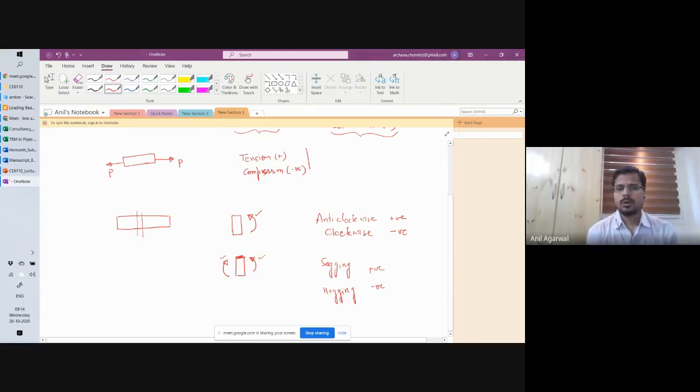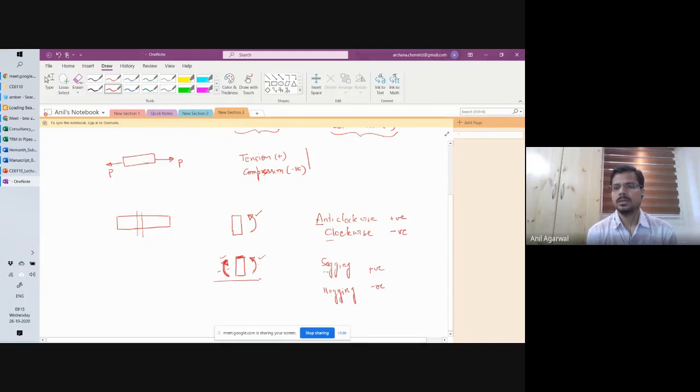Okay. So now if you look closely, this bending moment in this case is made of two moments. One moment is anti-clockwise. The other moment is clockwise, right? That's why these two are balancing each other, because one is anti-clockwise, one is clockwise.